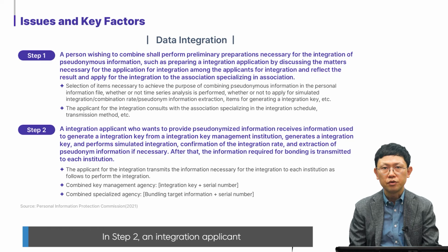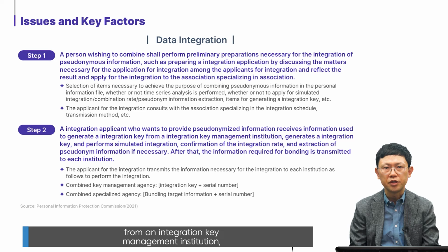In step 2, an integration applicant who wants to provide pseudonymized information receives information used to generate an integration key from an integration key management institution, generates an integration key, and performs simulated integration, confirmation of the integration rate, and extraction of pseudonymous information if necessary.